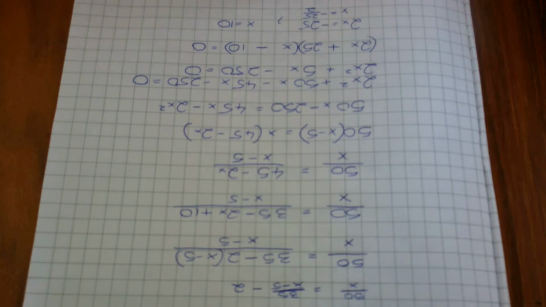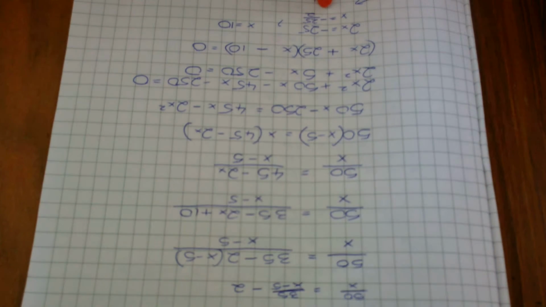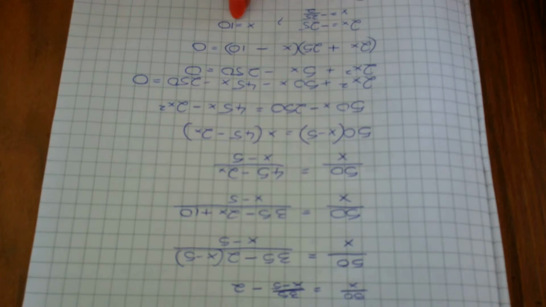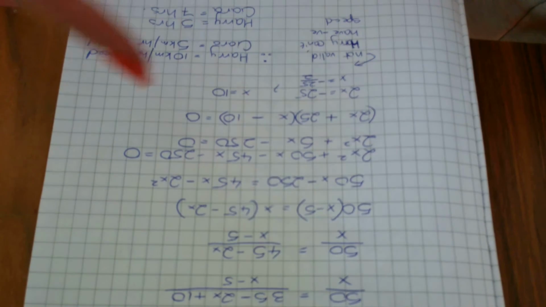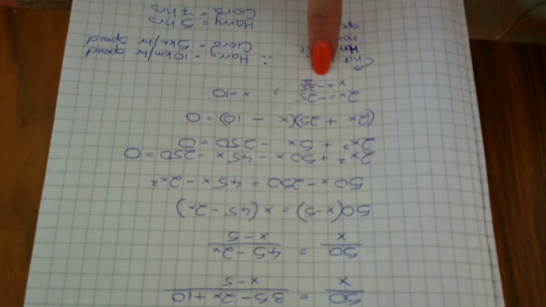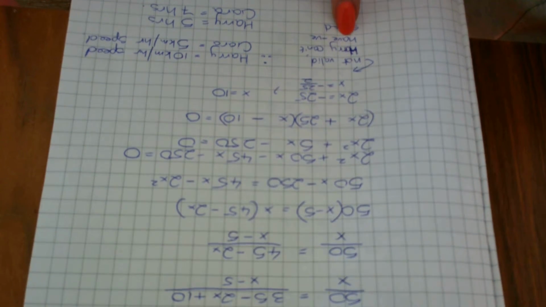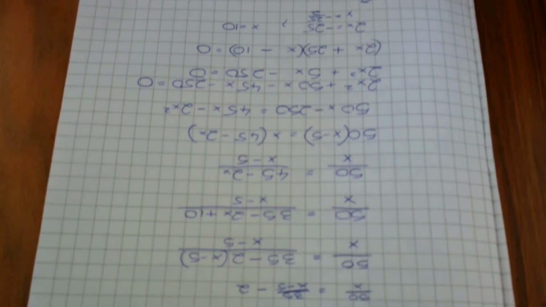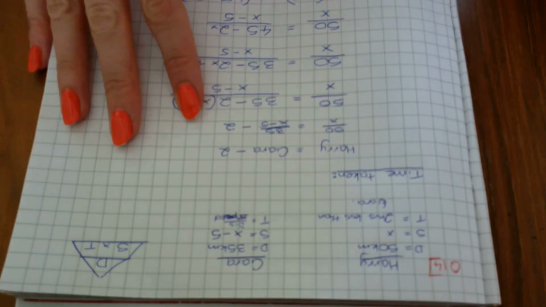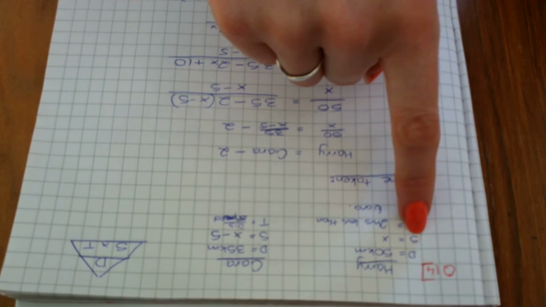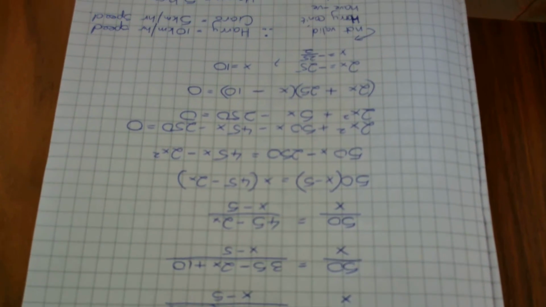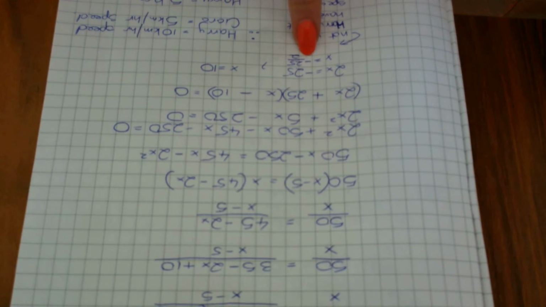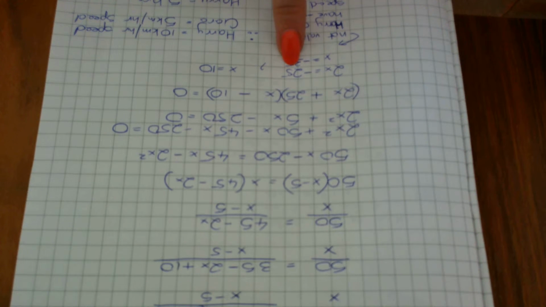I get one value of X equals minus 25 over 2 and another of X equals 10. Now, the X equals minus 25 over 2 isn't valid because if we remind ourselves back up here, Harry's speed was X, so it's just one of the values that we find, and speed cannot be negative, so it's invalid.